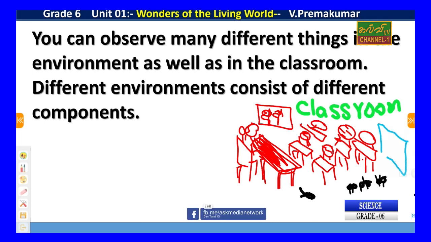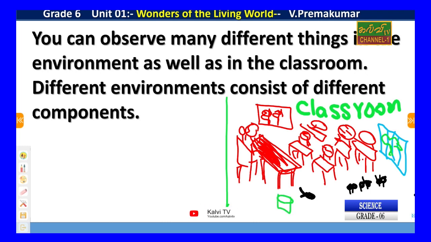Through the window, you can see there are some trees outside. So the classroom environment has different kinds of things: table, chairs, teacher, some small insects. Sometimes you may have a pot plant in your classroom.